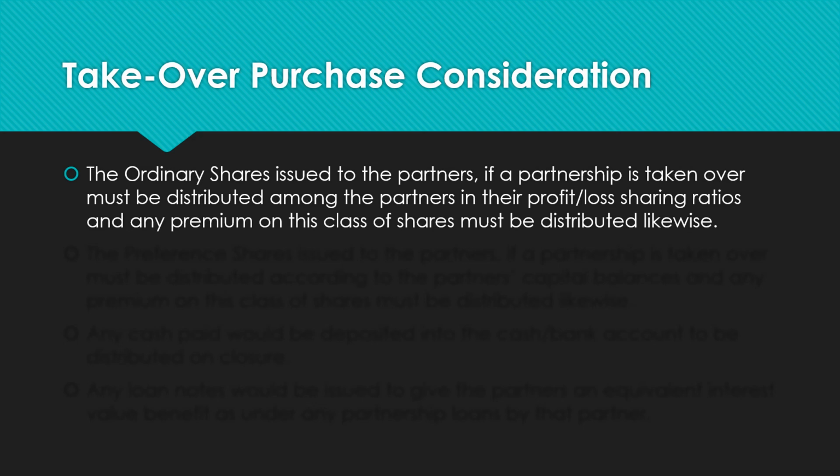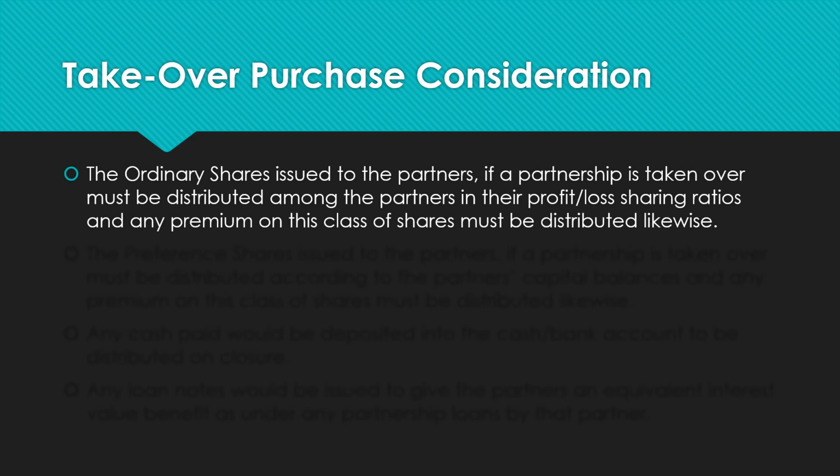So let me make that clear again. If a partnership is taken over, then the value of the ordinary shares being issued must be distributed among the partners in their profit sharing ratio.